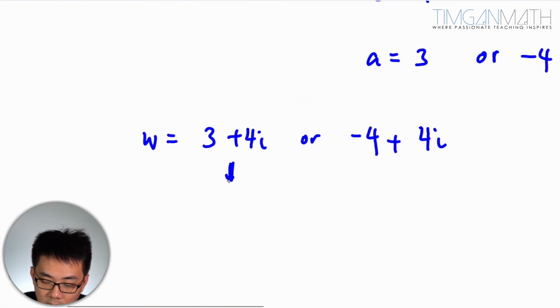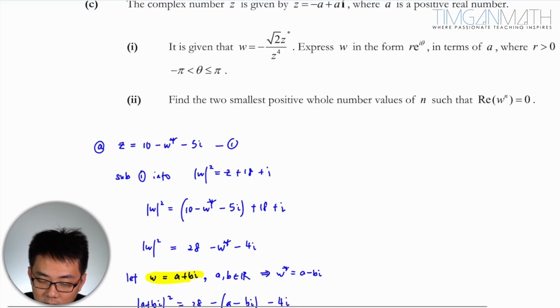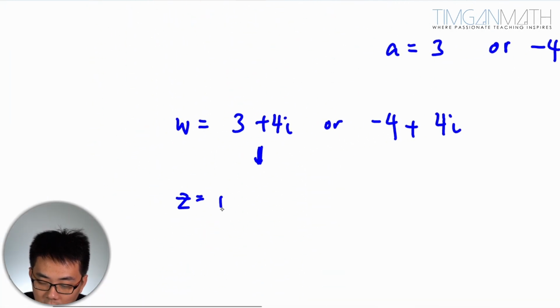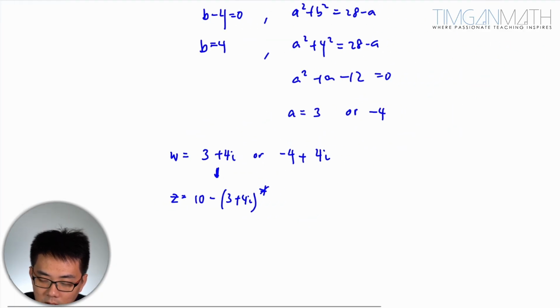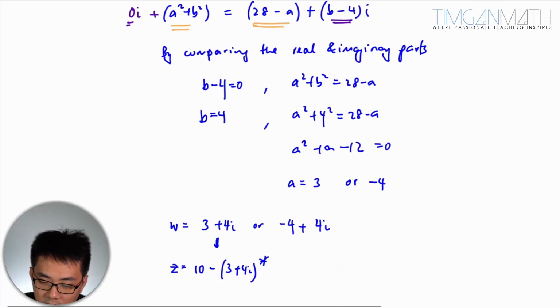So z, the corresponding z, using this formula, is 10 minus w conjugate minus 5i.